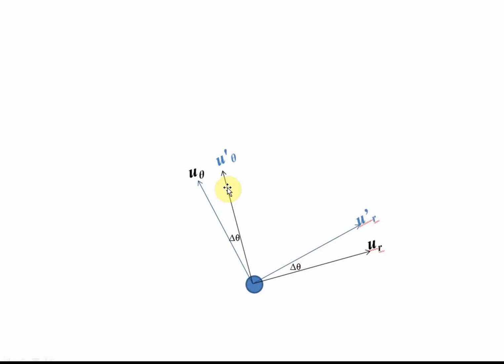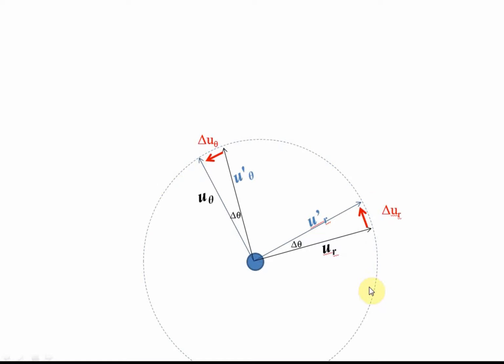And then since the magnitude of these vectors is 1, they are all the same length. So maybe I can make a circle like that because everything is 1, but this is just rotating about this center. Then, because over the time u r is changing, u r prime minus u r is delta u r.